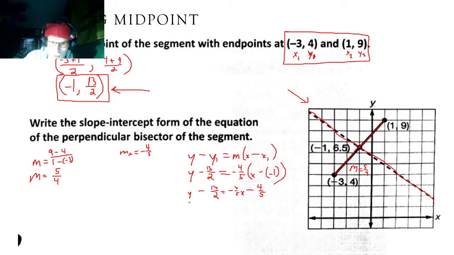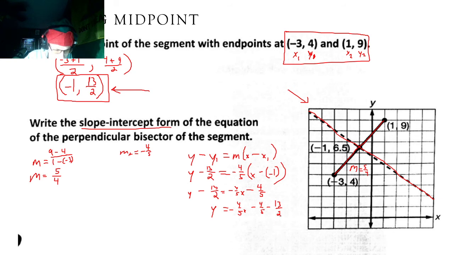All right, now in order to isolate the y, because we're writing slope-intercept form, we need to add 13 over 2 to both sides. So y equals negative 4 over 5 x minus 4 over 5 minus 13 over 2.